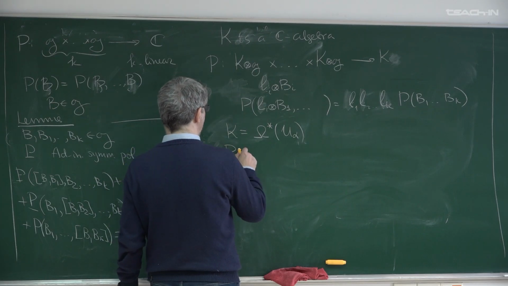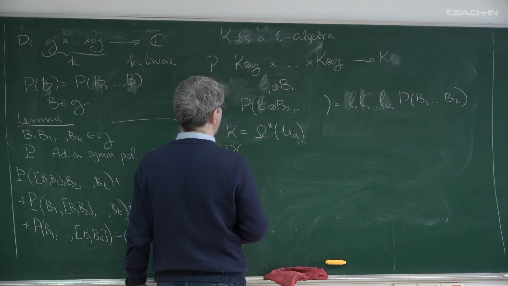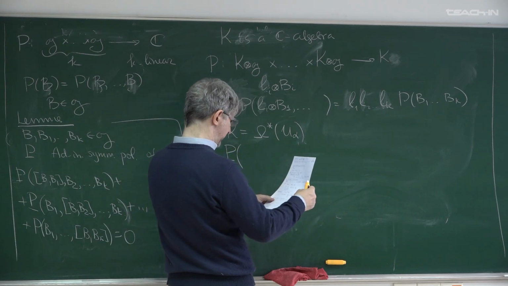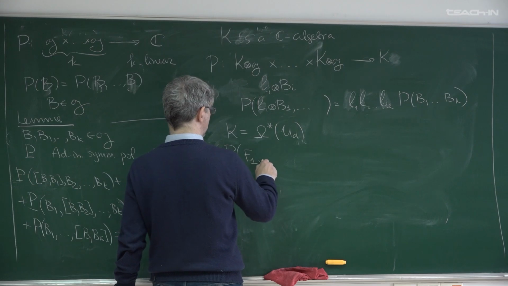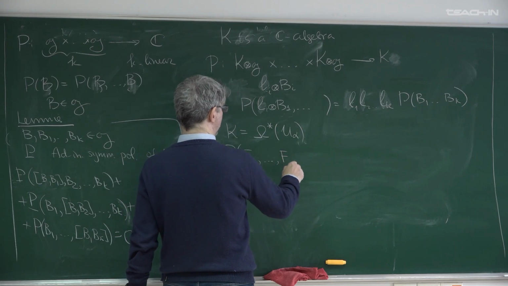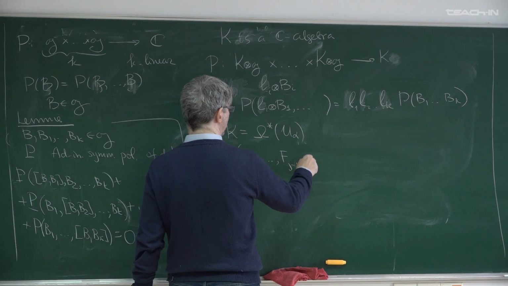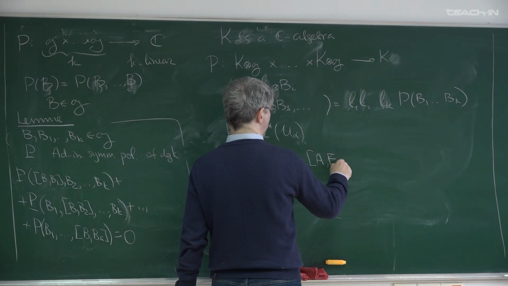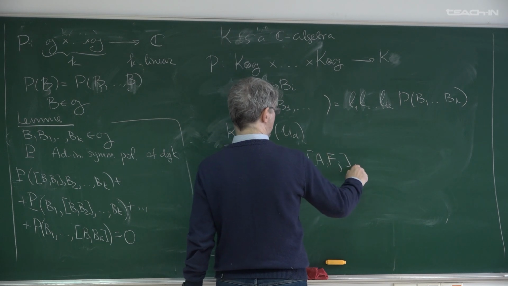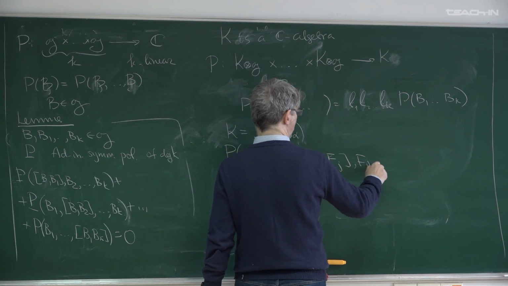Assume I apply what I want to write here, f1, fj minus 1. Here is the commutator with a, and here with fj plus 1.